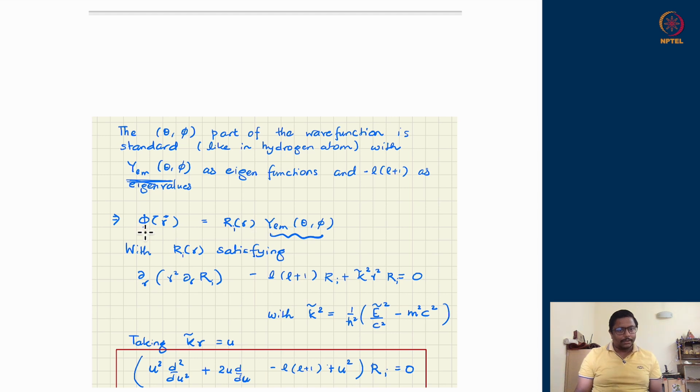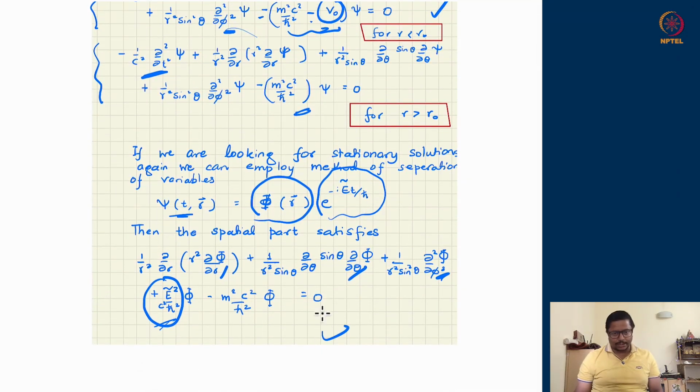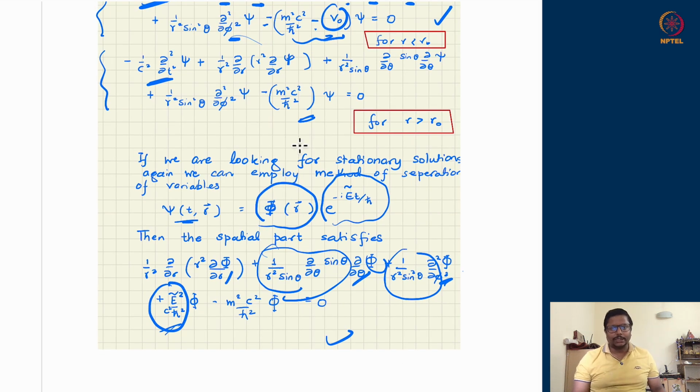So my state which I am looking for, phi of r, can have a non-trivial structure in the radial direction, but in the angular direction it had better be Ylm theta phi, which provides a good basis. And they satisfy the angular component of the Klein-Gordon equation. So I decompose the angular and radial parts like that, and put this ansatz solution into the differential equation which we are after here. There are temporal derivatives, and there are angular derivatives here and here, which will hit upon the phi and give me back Ylm theta phi, because Ylm theta phi are the eigenstates of the angular double derivative operator.